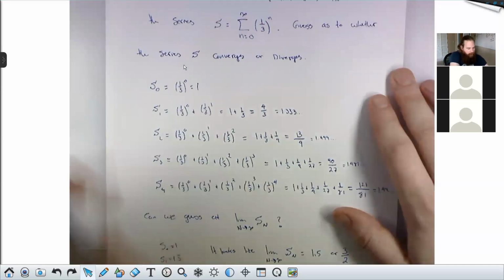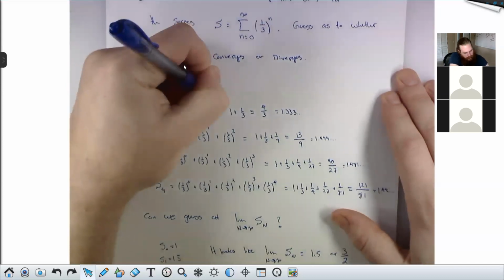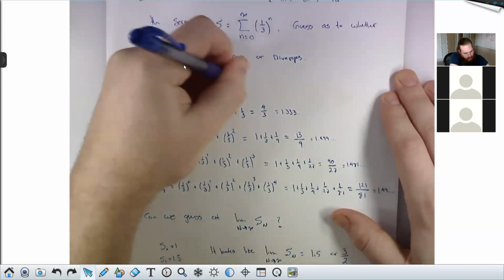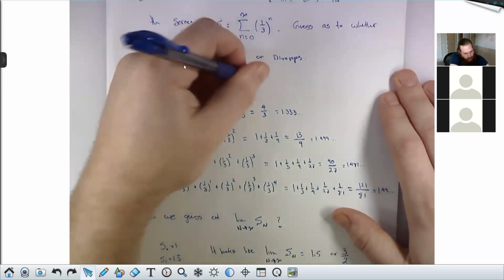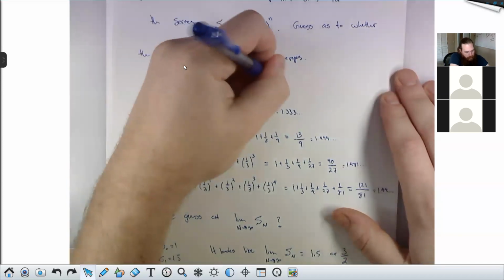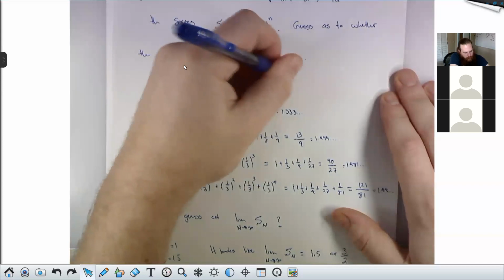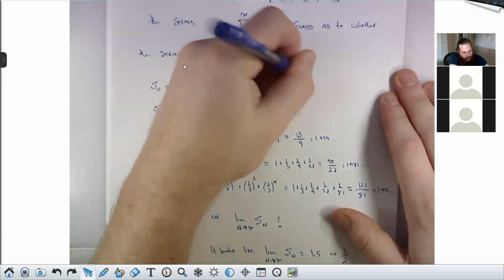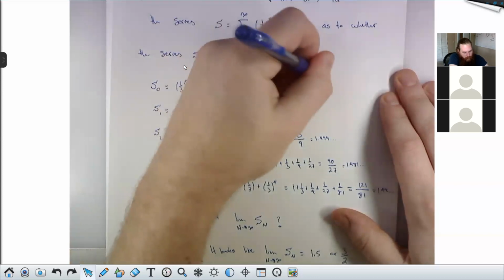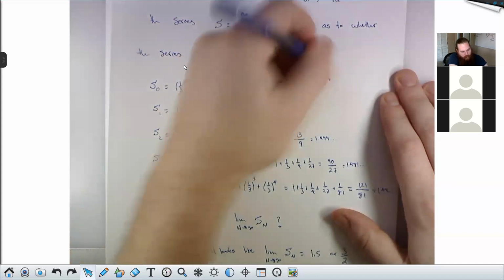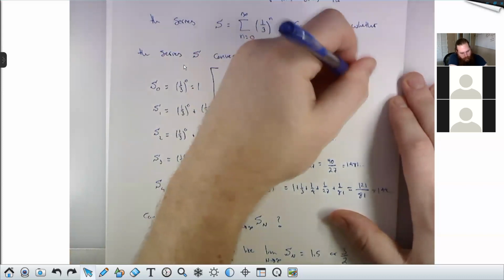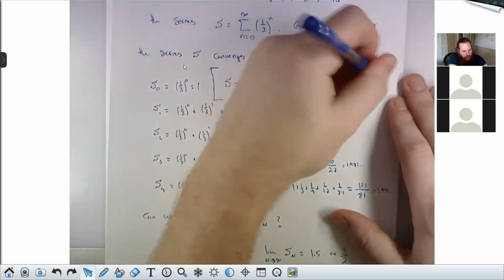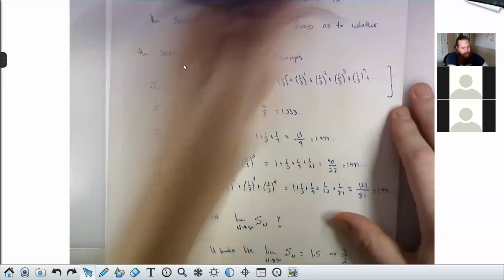So my full infinite series S, sigma n from 0 to infinity 1/3 to the n, that's 1/3 to the 0 plus 1/3 to the 1 plus 1/3 to the 2 plus 1/3 to the 3 plus 1/3 to the 4, on and on forever. That's the infinite series that I'm playing with.